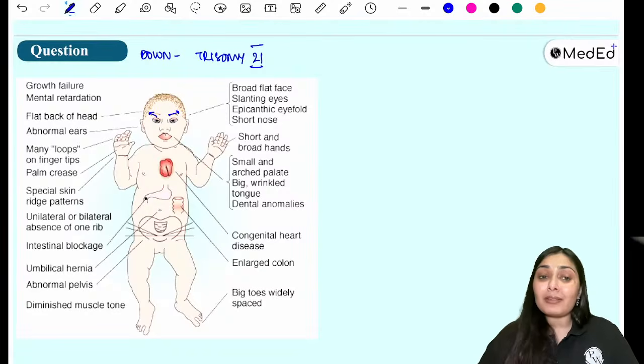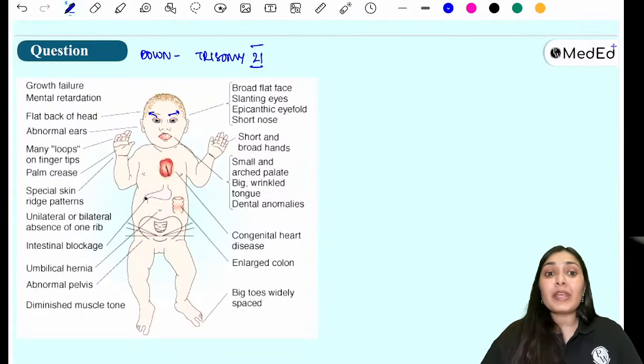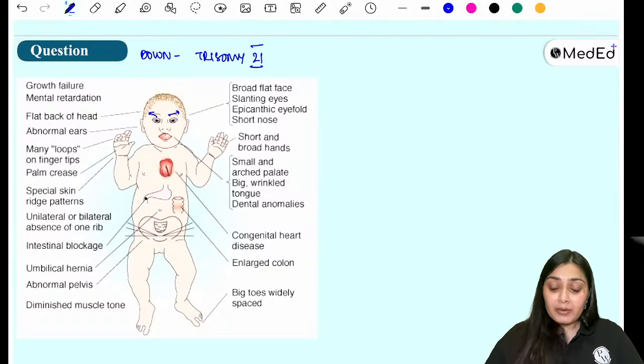We have epicanthal fold, short nose. In the hands you have simian crease, a protruding tongue. You have heart defects like endocardial cushion defects. You have intestinal atresias, you have sandal gap, all of these things you have, right?